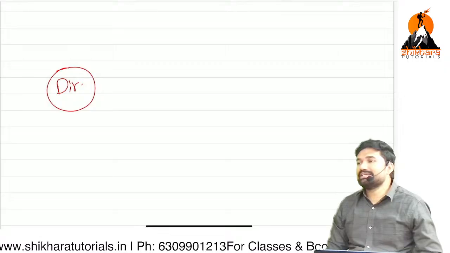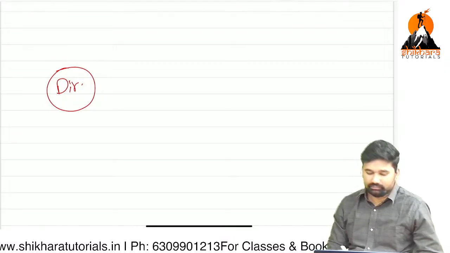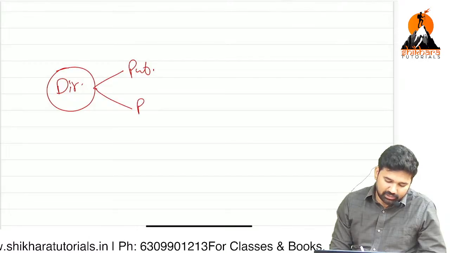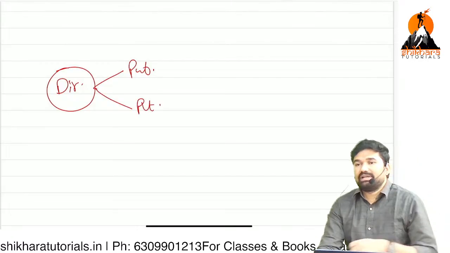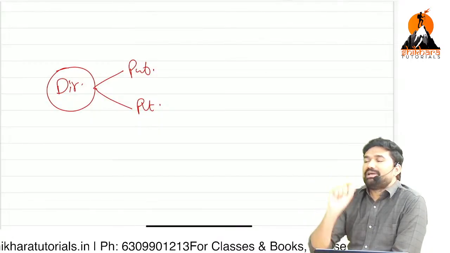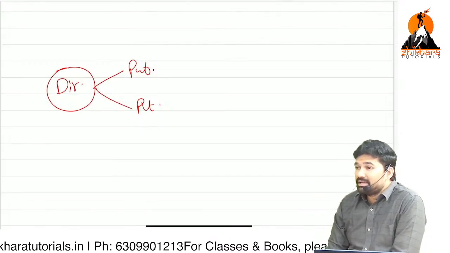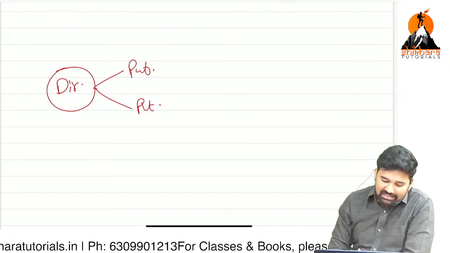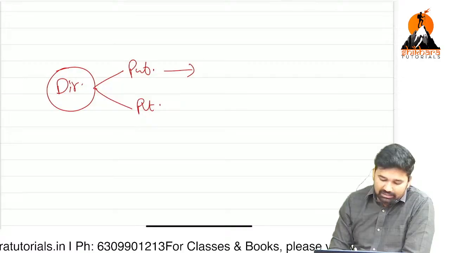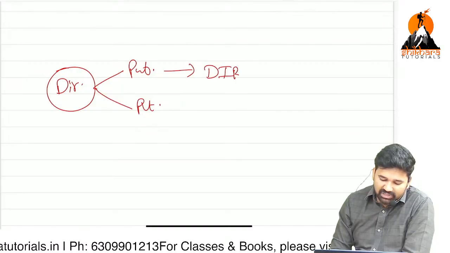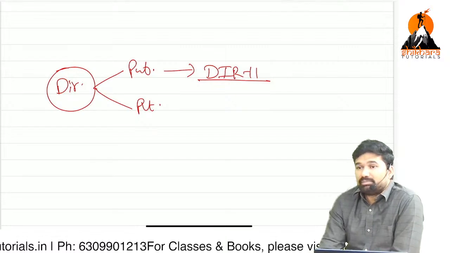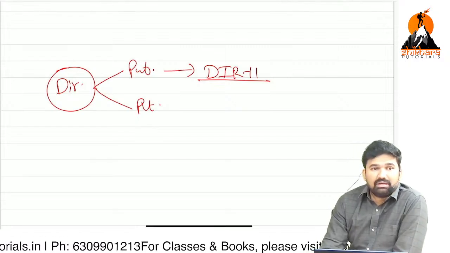If a director is resigning from a company, let's check whether it is a public company or a private company. If it is a public company, there is an obligation on the part of the retiring director that he has to submit DIR 11 to MCA.